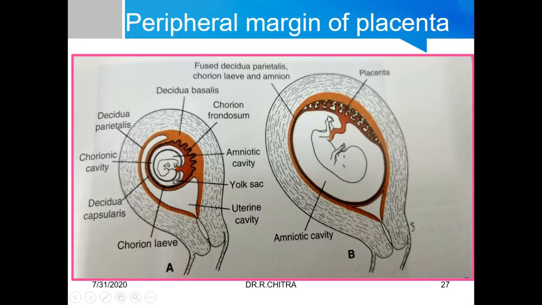This is the peripheral margin, continuous with the fetal membranes, consisting of decidua capsularis. This part of the uterine endometrium is called capsularis and this part is called basalis. So it is made of decidua capsularis and decidua parietalis, and also the chorion laeve, the part not having chorion villi, and the amnion. These are the fetal membranes.